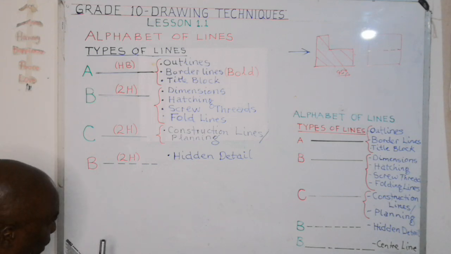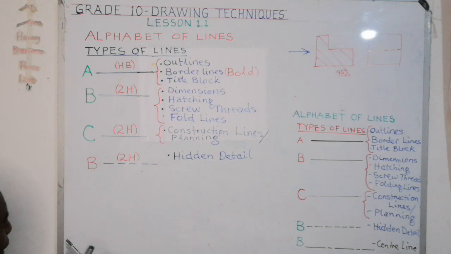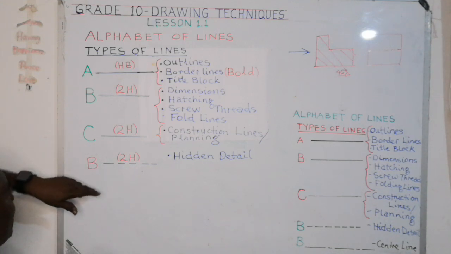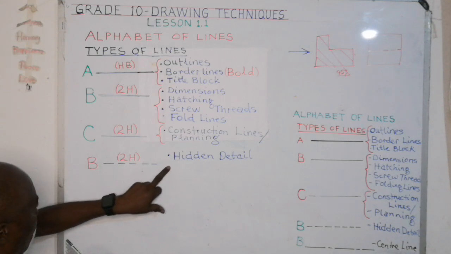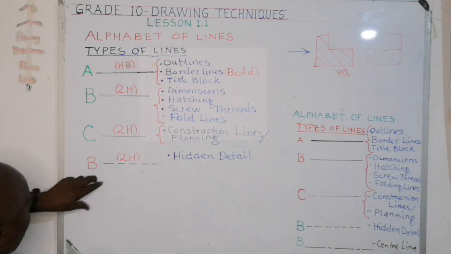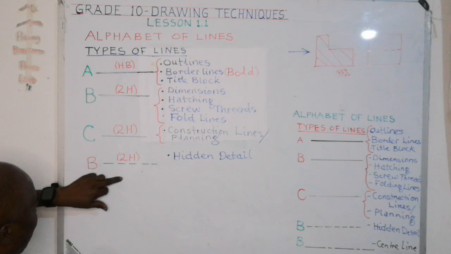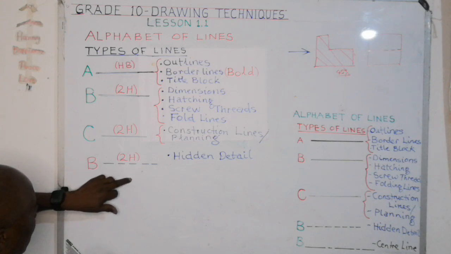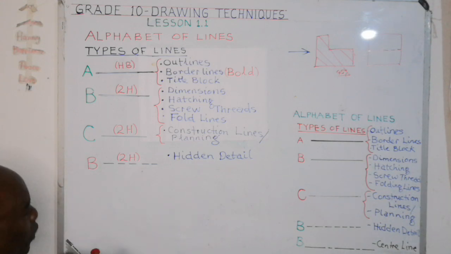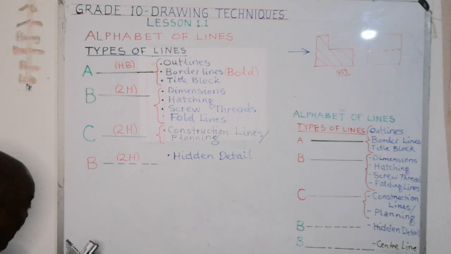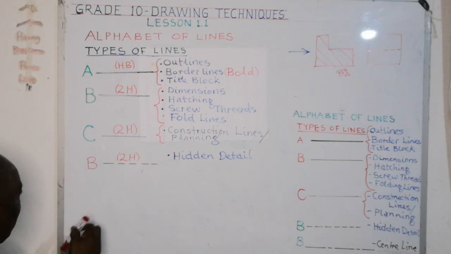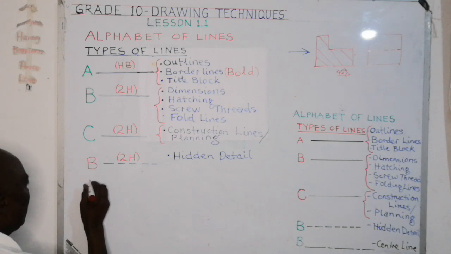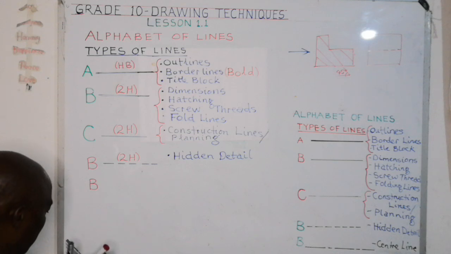And then we have center lines. Center line is similar to this hidden detail, but center line has got long dash, space, short dash, space, long dash. So it's in that pattern. So it's still type B, which is 2H.